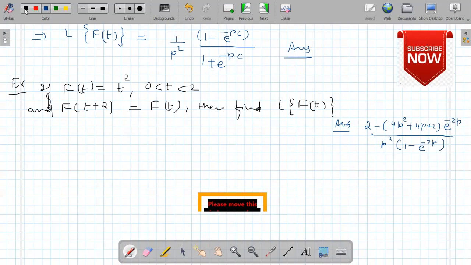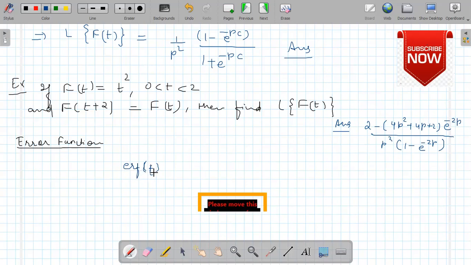Now the second special function is the error function. So let me first define the error function. It is denoted by ERF of t as usual. Generally we take the function as ft, but the error function is denoted by ERF.